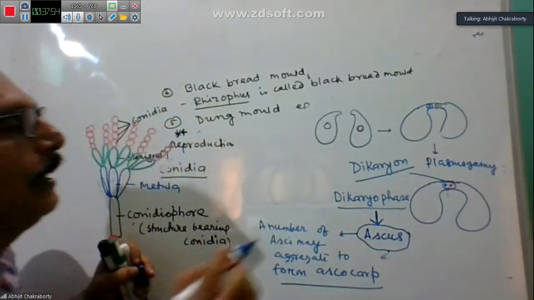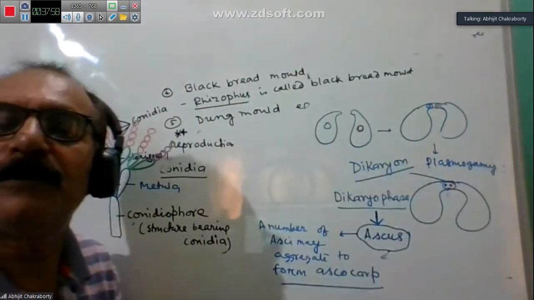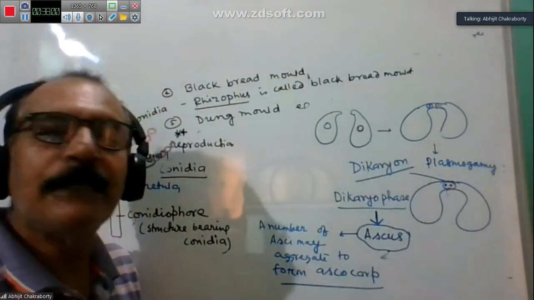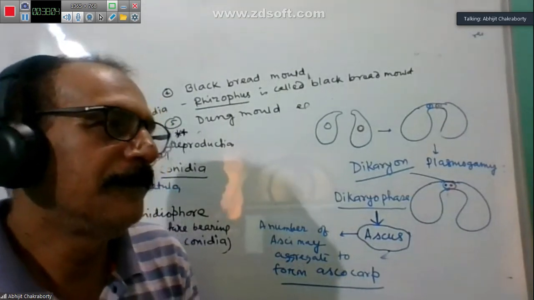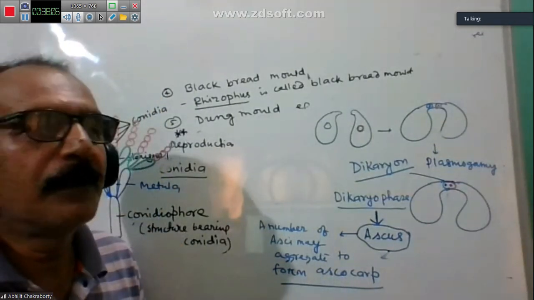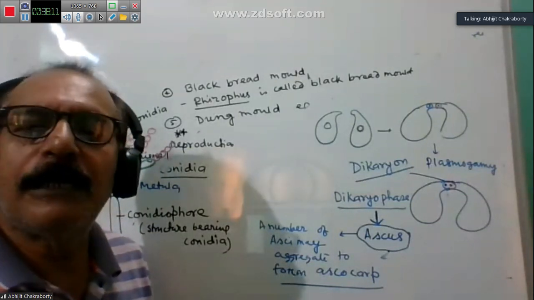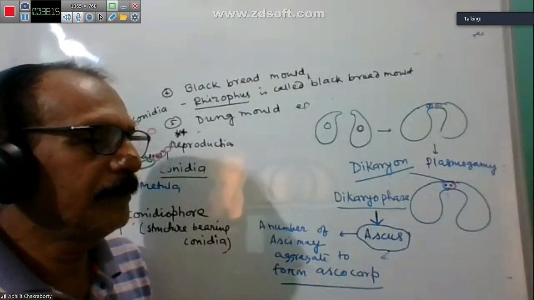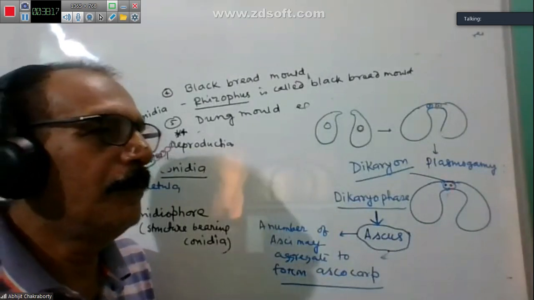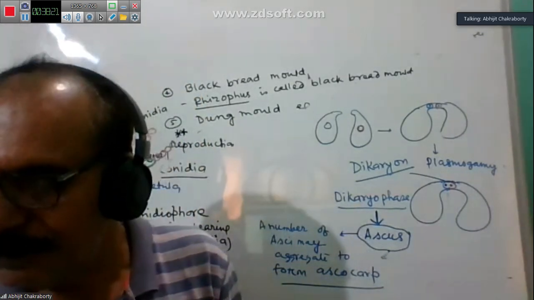I repeat it again. After plasmogamy, here in ascomycetes, and you write it down, please: in ascomycetes and basidiomycetes fungi, plasmogamy is not immediately followed by karyogamy.